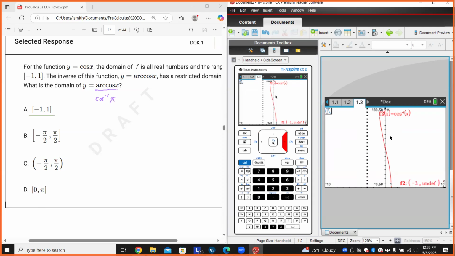So I'm going to go back until there's no more dotted line, which is about right there. What's that X value? The X value. Negative 0.9. If I scroll over to the other side until I see a dotted line, I come back. What's the X value there? So if I see that my domain goes from negative 0.9 to 0.9 from my calculator, which one of these could potentially be my answer?